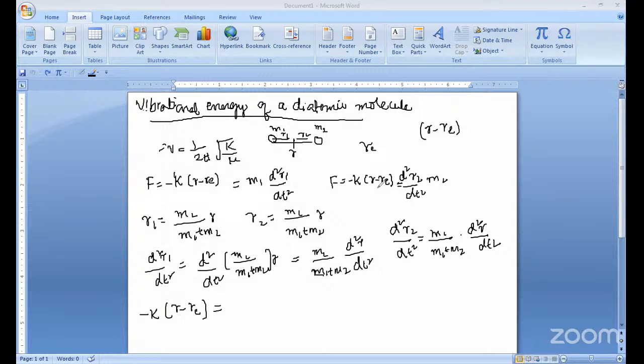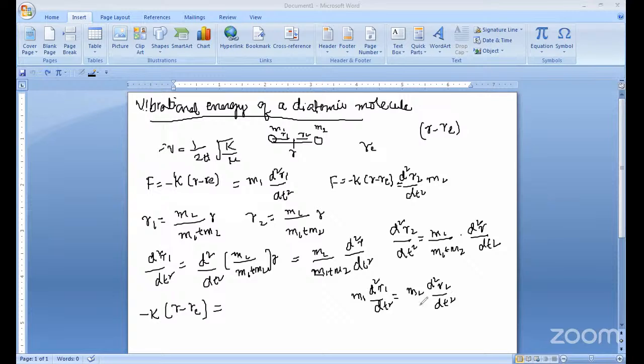So if you combine those, if we equate those, we can write M1 into d square R1 by dt square equals M2 into d square R2 by dt square. Understand?